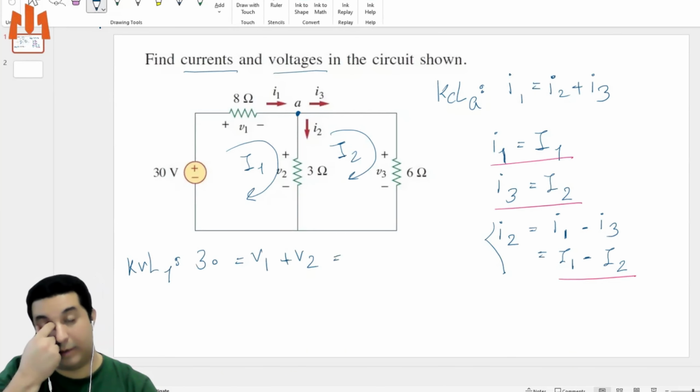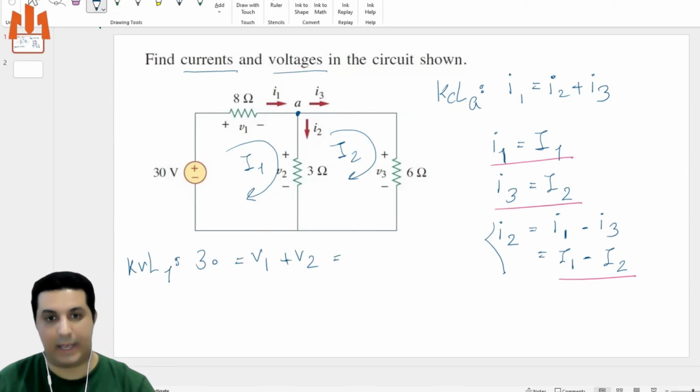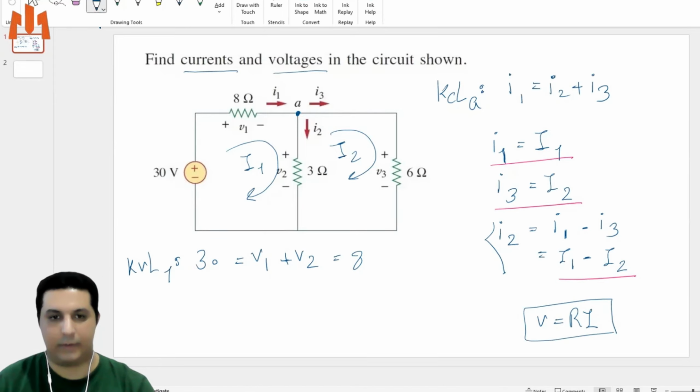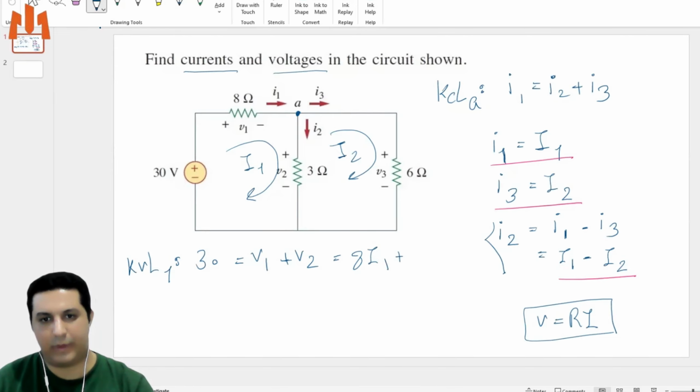V1, as you see, is 8 ohm, and as you know, this is another equation, V equals RI. So V1 is 8 ohm times I1, plus V2, which is 3 ohm times I2, where I2 is I1 minus I2.